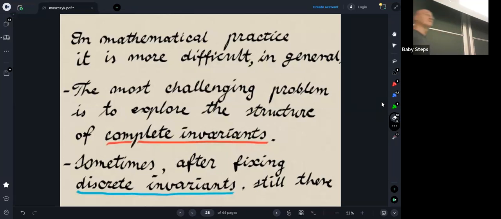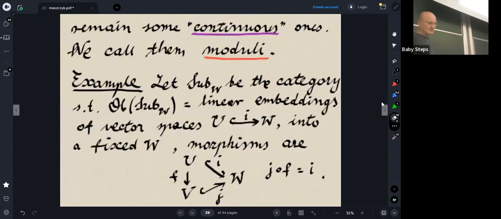Sometimes we have a whole bunch of invariants, among which some of them are of this simple numerical or algebraic nature, but still there are some other invariants which are more complicated, and they have the nature of continuous invariants, which we call moduli.